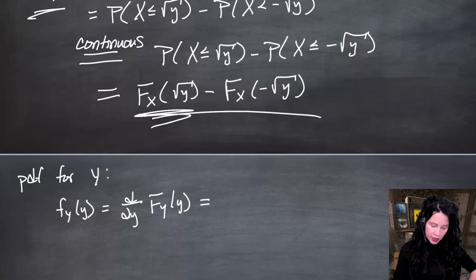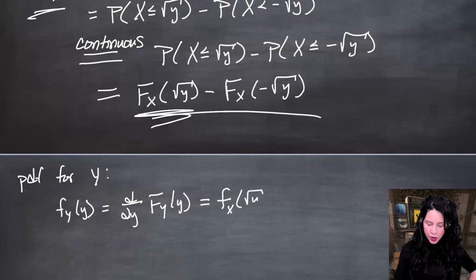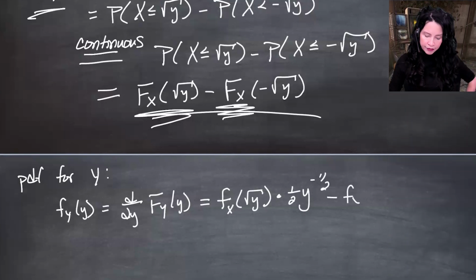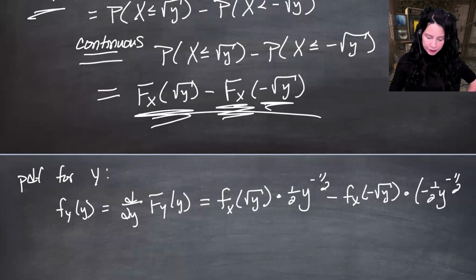So for the first term, I get the PDF, the lowercase f_X, at square root of y, times the derivative of the inside, which is 1/2 y to the negative 1/2. Minus, the derivative of this CDF for x is the PDF evaluated at negative square root of y. And then I need to multiply by the derivative of this, which is negative 1/2 y to the negative 1/2. So we did it.